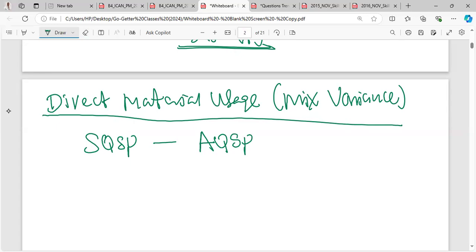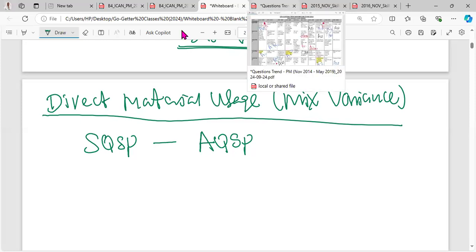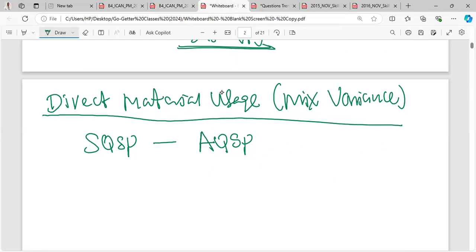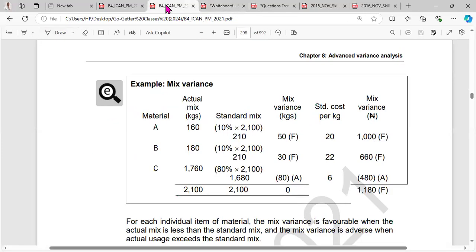So what we will do now is, at the center of them here, you will use the standard mix.